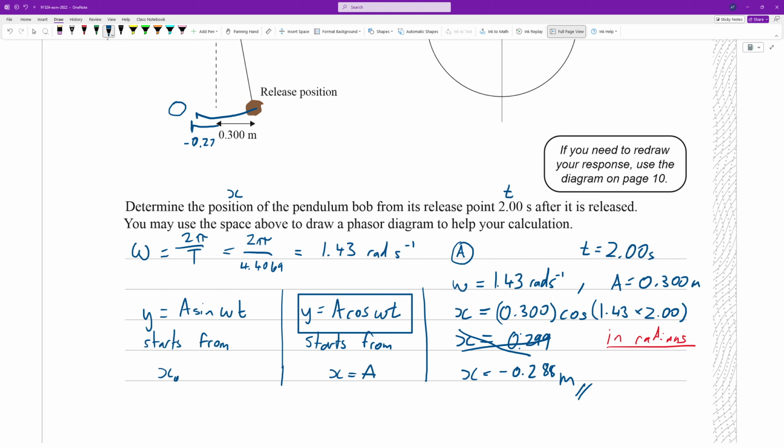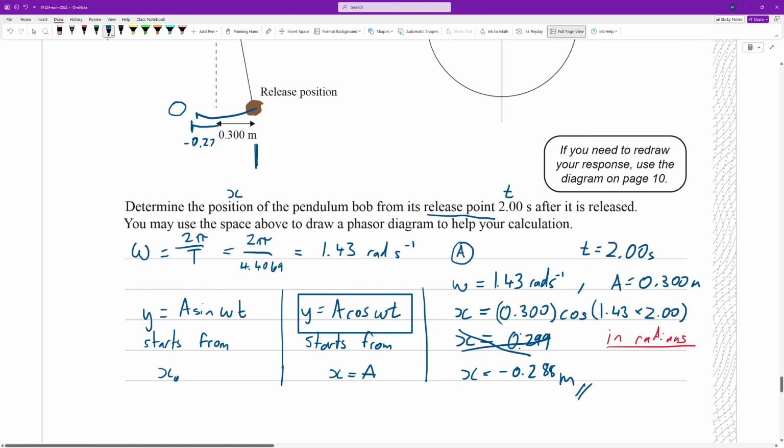And are we done? Determine the position of the pendulum from its release point. Ooh, okay, so they're trying to trick us here. From its release point. So what's one final step we need to do?